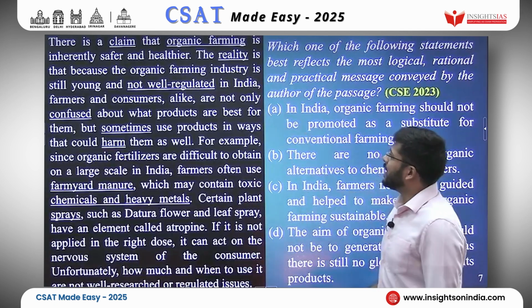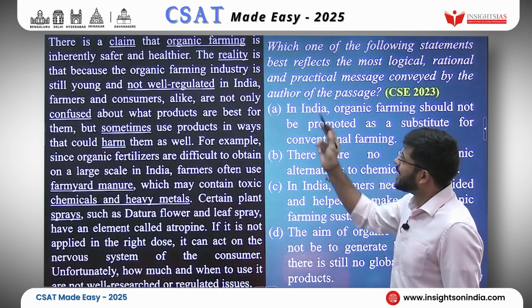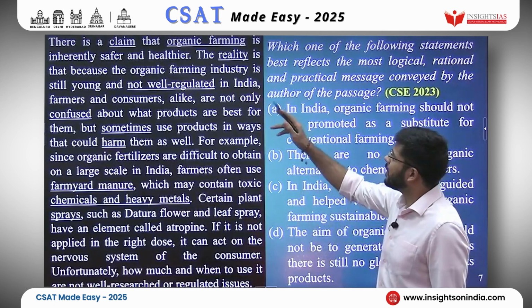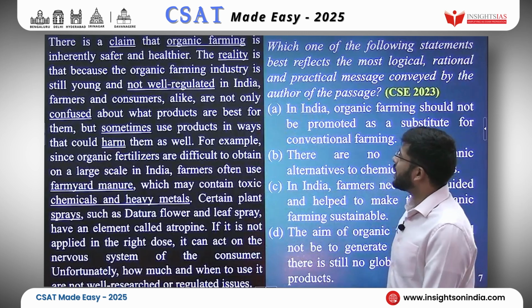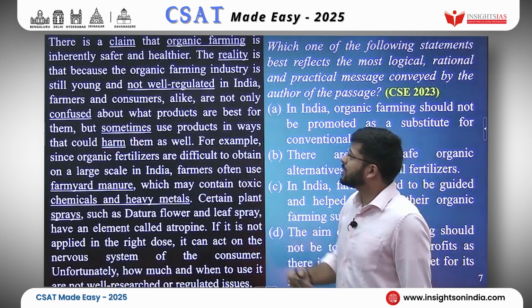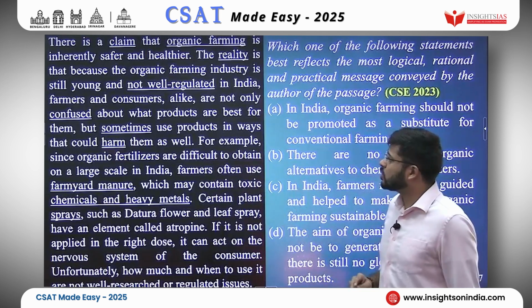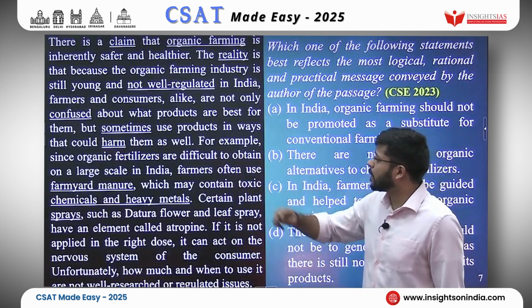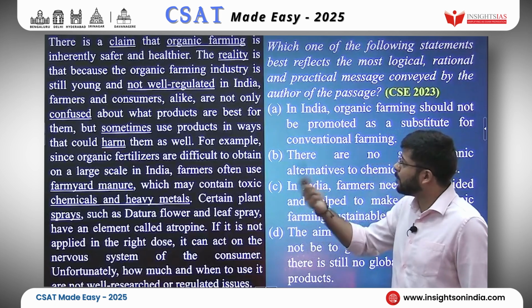There is a claim that organic farming is inherently safer and healthier. The reality is that because the organic farming industry is still young and not well regulated in India, farmers and consumers alike are not only confused about what products are best for them, but sometimes use products in ways that could harm them as well.